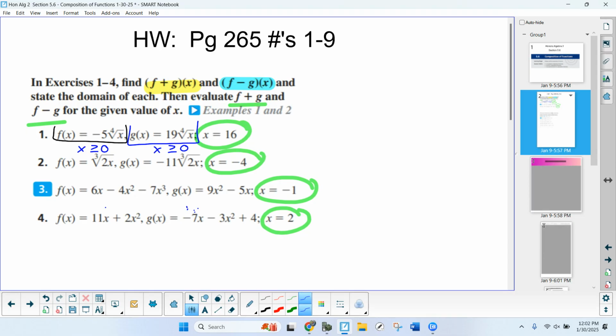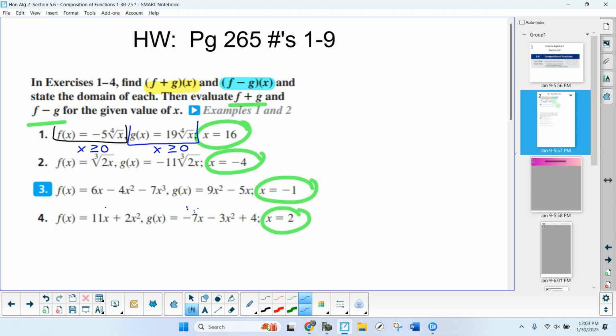Both of those, what's the domain? X is greater than or equal to 0, because you cannot take the 4th root of a negative number, an even root of a negative number. So what's the domain in all of this? Greater than or equal to 0.